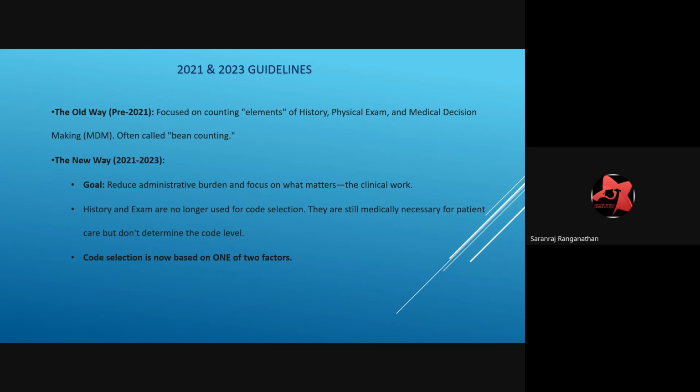But after 2021 and 2023, that complete burden was reduced, and they made all these elements into three main elements, which are COPA, data, and risk, which we'll be discussing further. Out of these three elements, any two should be met. Based on that, we will pick the level.